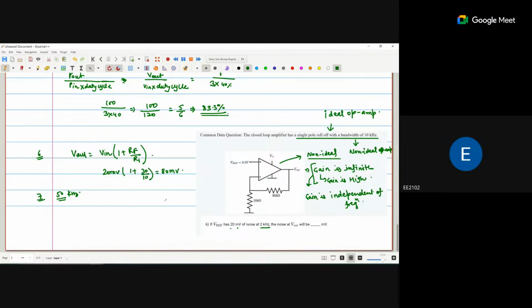If you remember, the transfer function V out by V in is A upon 1 plus s upon omega naught, and that is A upon 1 plus j omega upon omega naught.